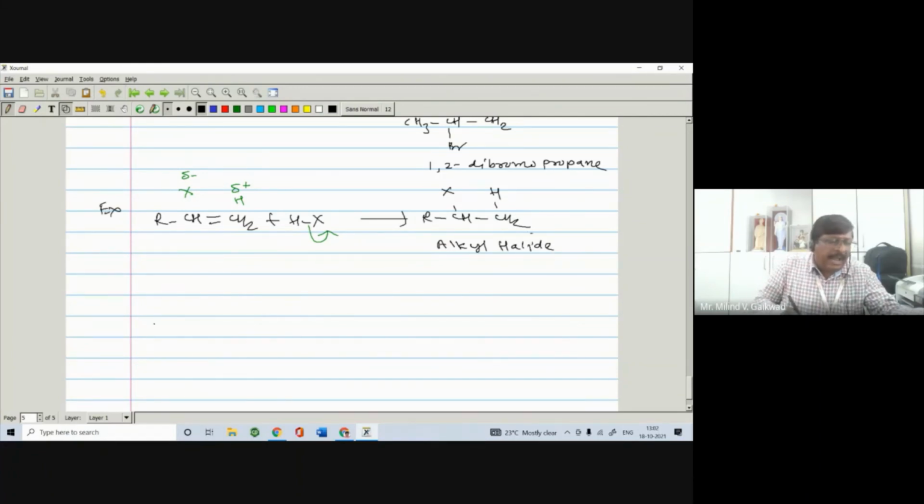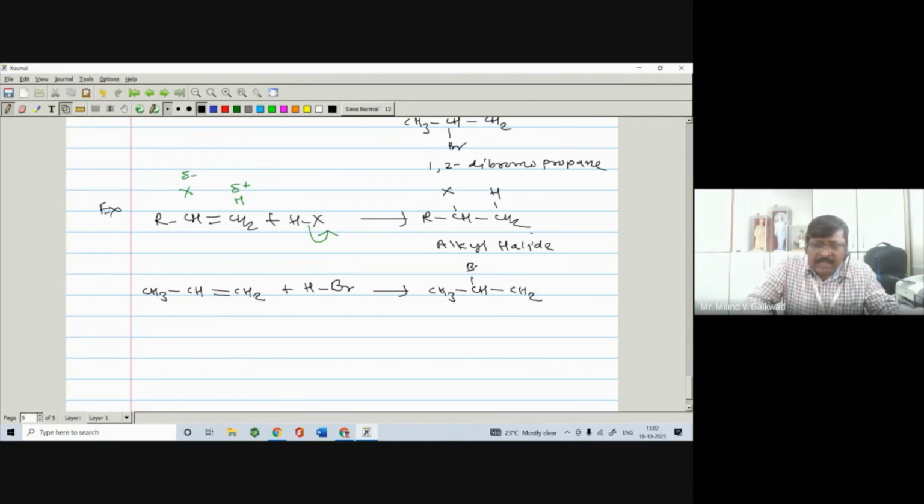Means you are getting the corresponding alkyl halide, right? Example, R you can take here, suppose CH3, a simple example, CH3, CH double bond CH2, then the reaction takes place in the presence of, for example, HBr. The negative part will attack on that doubly bonded carbon atom which has the lesser number of hydrogen atoms.